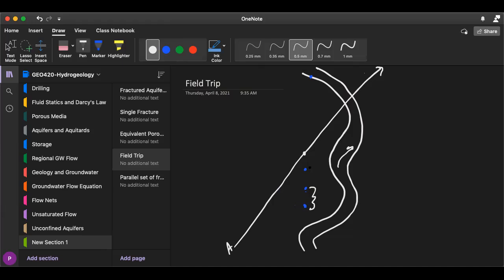For all practical purposes, horizontally, these are pretty much in the same location. Even though when we were there they were separated by 10, 20 feet, they're very close relative to their distance to the river. So we call them a vertical well nest, just because there's not much horizontal distance between them.